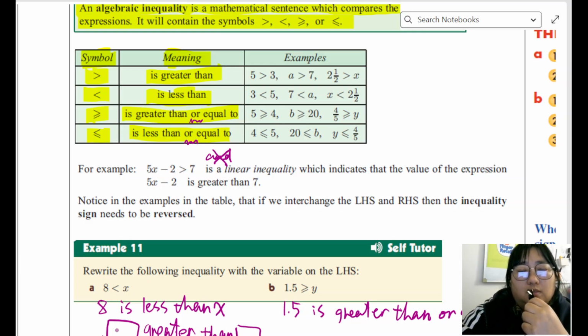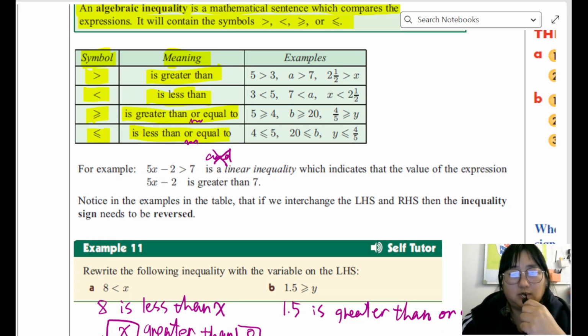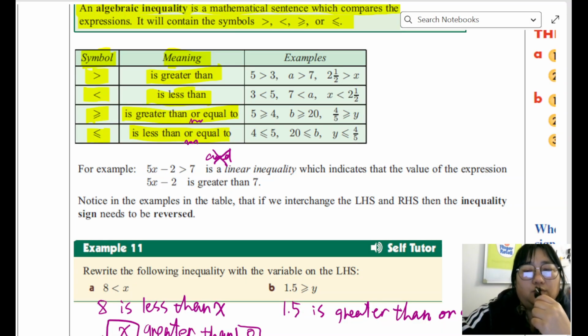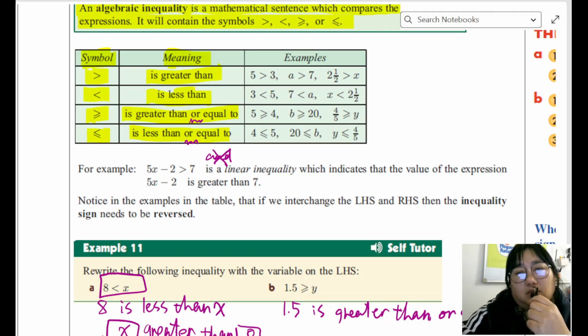If we think about this, we should say x is greater than 8, and 8 is less than x. If we use a symbol, it will be x greater than 8. Now you have to pay attention, they have the same meaning: 8 less than x and x is greater than 8.